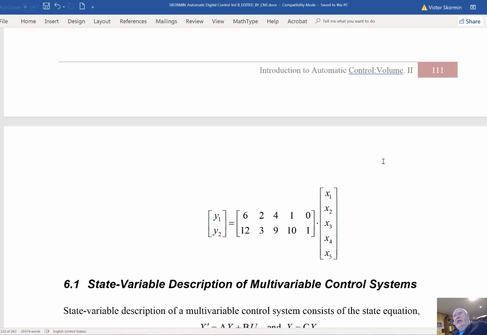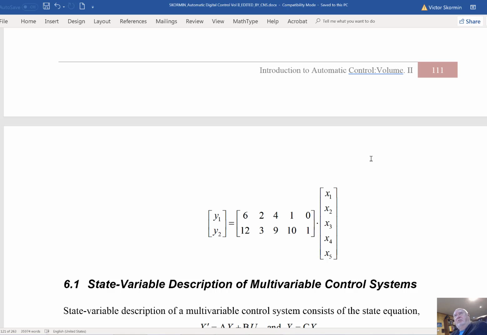And I will show you later that when it comes to control system design, using state variable notations is a much more powerful tool than the use of transfer function definition of the control plant.